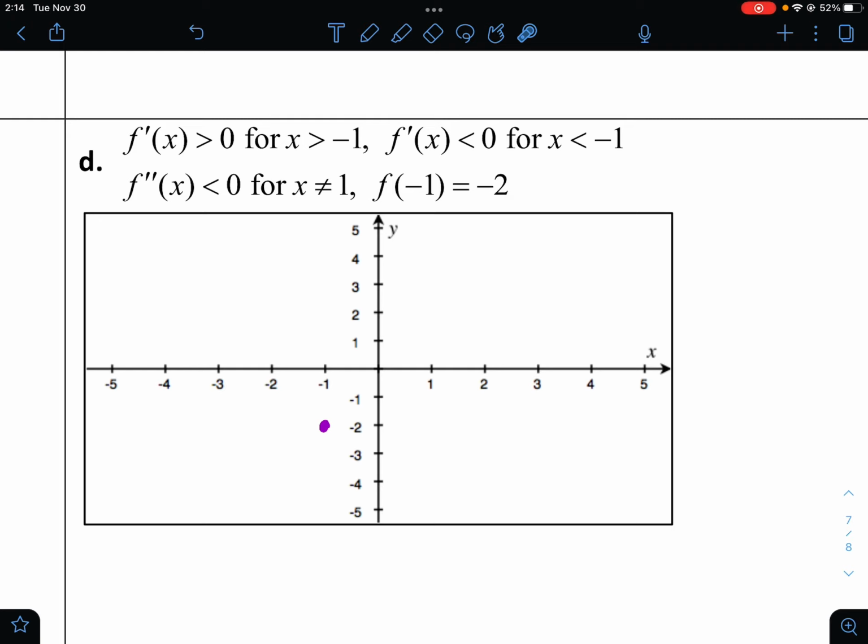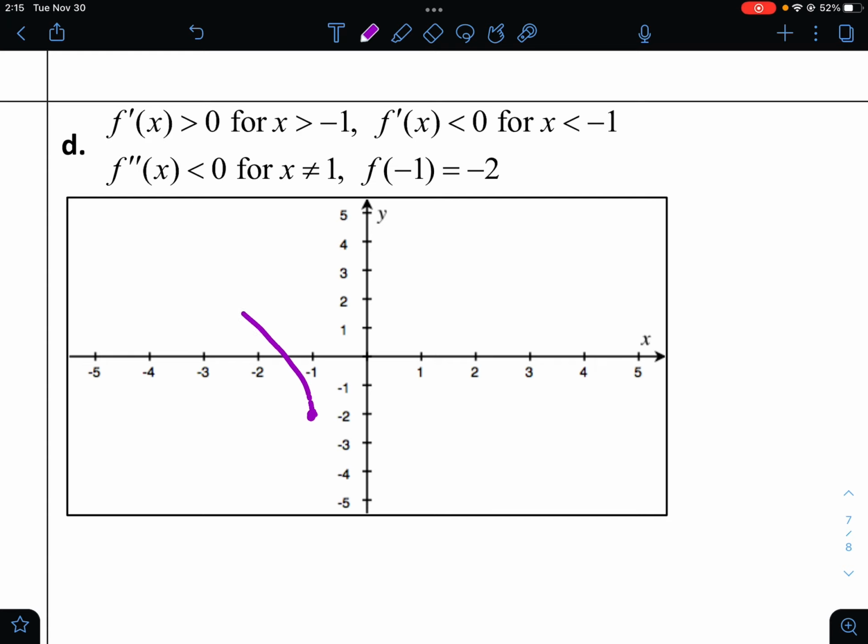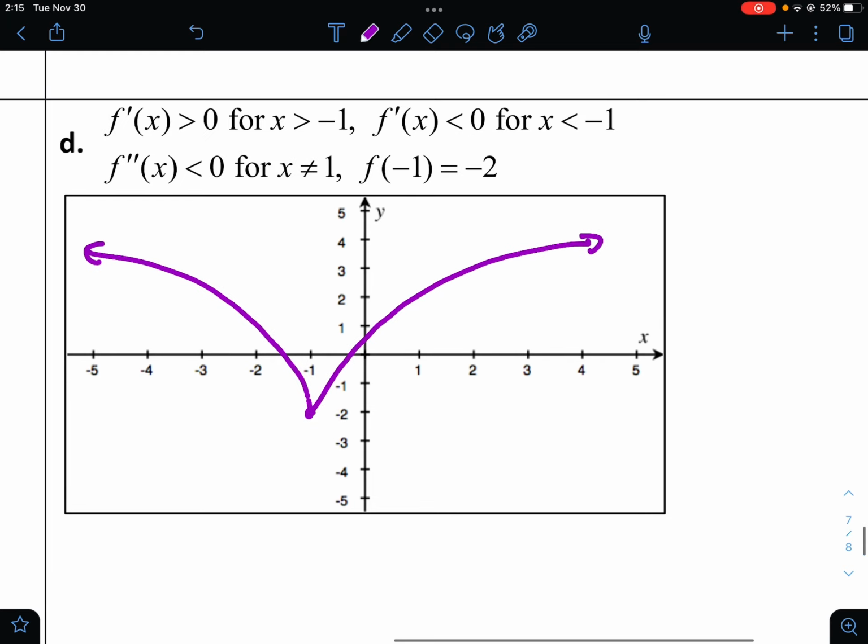All right, we want to be decreasing to the left of negative 1 and increasing to the right of negative 1, but always concave down. That's going to look like maybe one of those old-fashioned birds that you drew back in second grade. Always concave down, decreasing to the left, increasing to the right of negative 1.